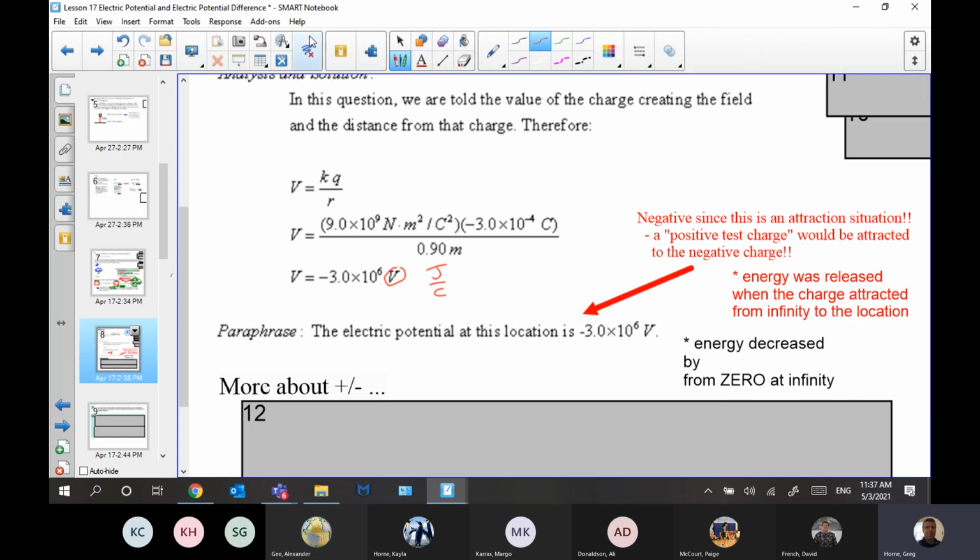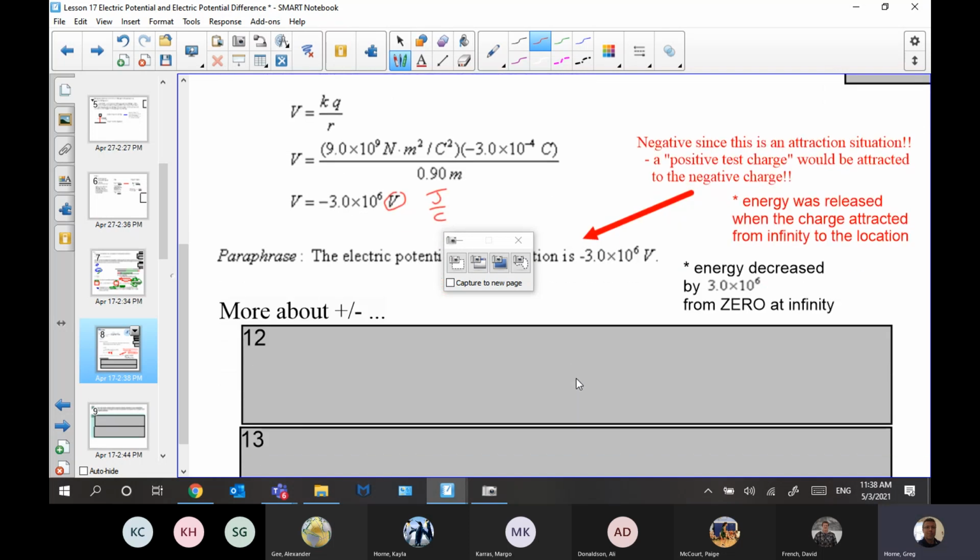So what I want to have in there, of course, is that value. So it decreased by that amount, right, from 0 at infinity. So you end up with -3, a difference of 3 times 10 to the 6 in the negative direction, a decrease. So you end up with an actual value, rather than just a difference.